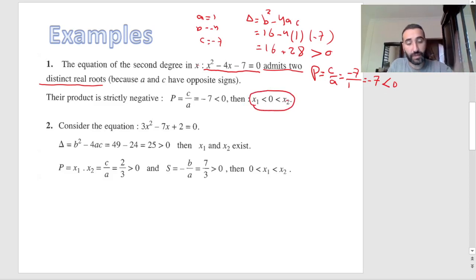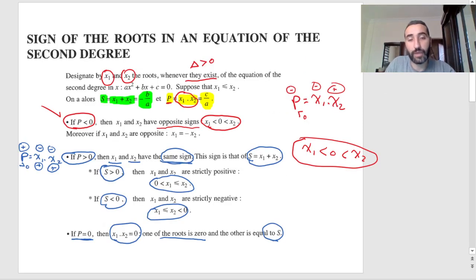See how I memorized it? From here. Okay, the product is negative, so one of the roots is negative and the other is positive. You can just say they are opposite signs and relax. So x1 less than 0 less than x2, done.